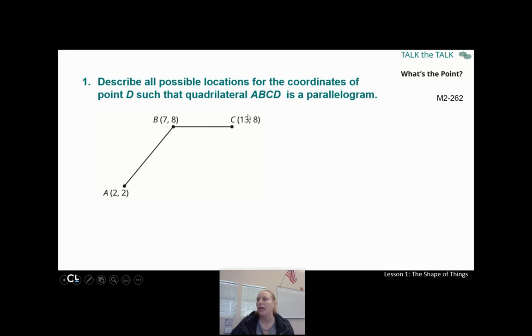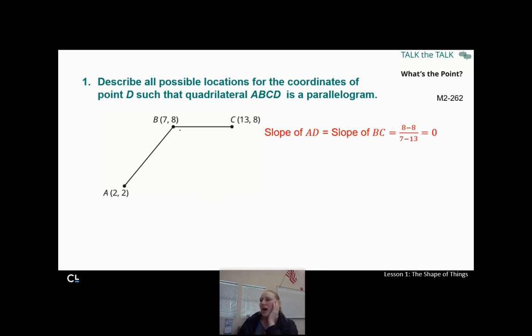So I subtracted my y coordinates on top, my x coordinates on the bottom, and I realized that the slope of BC is 0. BC is a horizontal line, right? And so AD would also have to be a horizontal line. It's got to be horizontal.